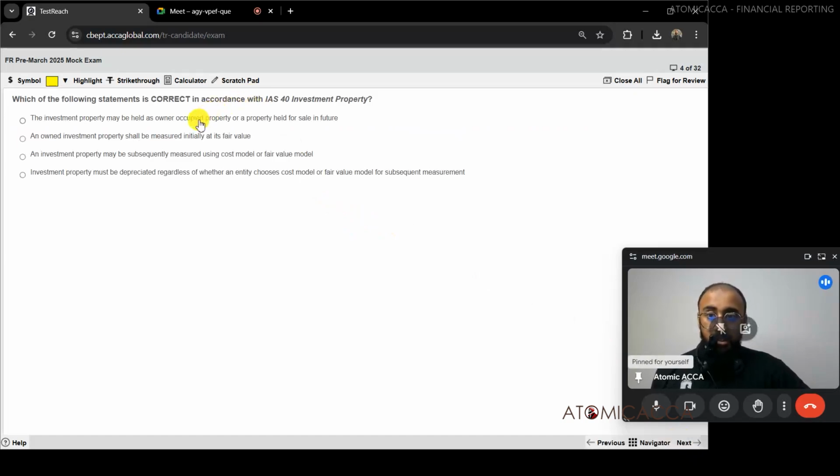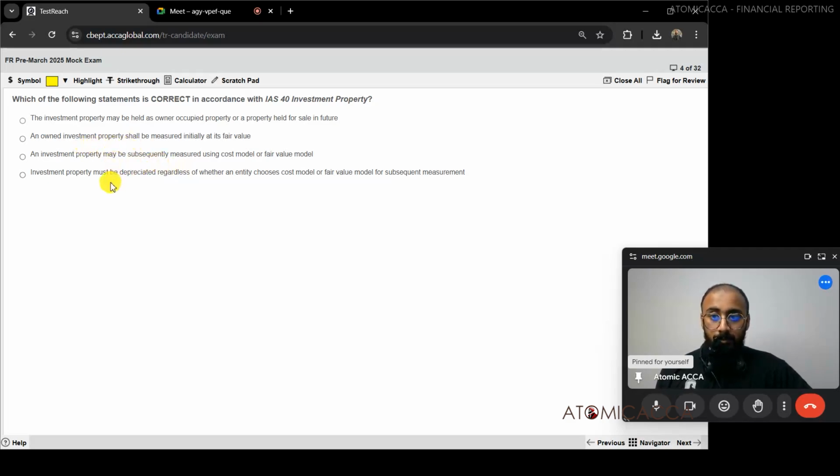Which of the following statements is correct in accordance with IAS 40 investment property? The investment property may be held as owner occupied property or a property held for sale in future. Owner occupied property is part of IAS 16, so this will not come out. An owned investment property shall be initially measured at fair value. No, it is initially measured at cost, purchase price.